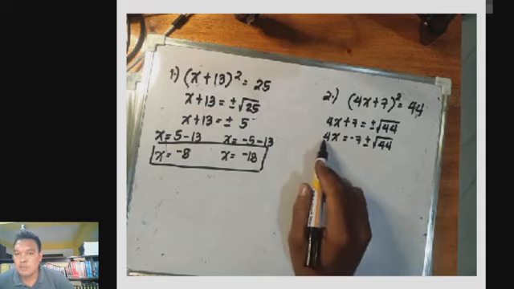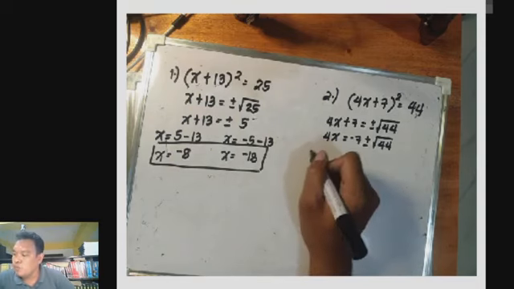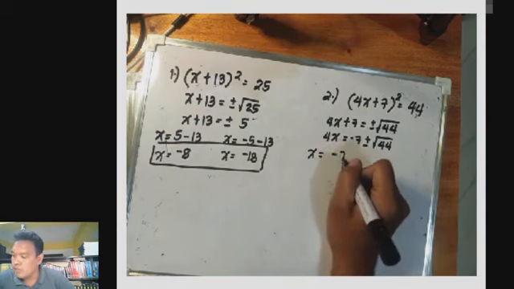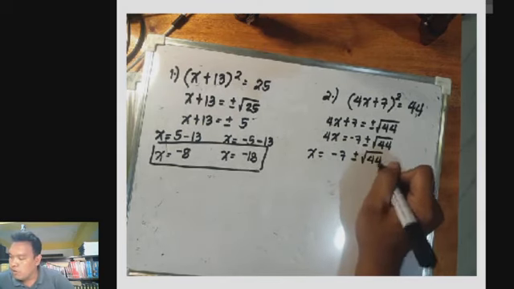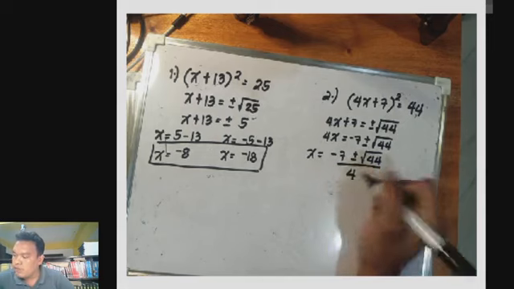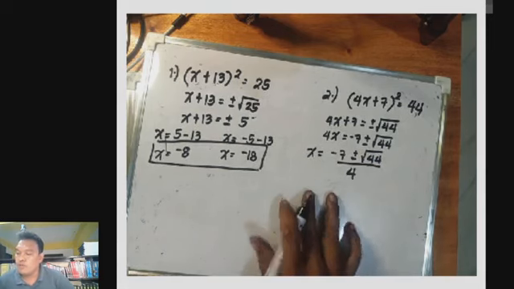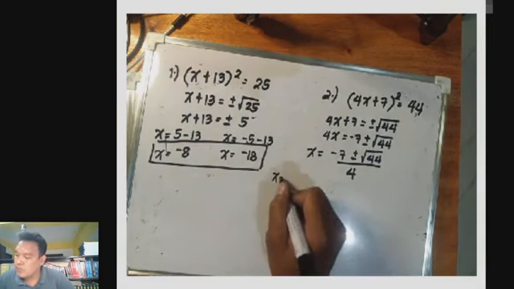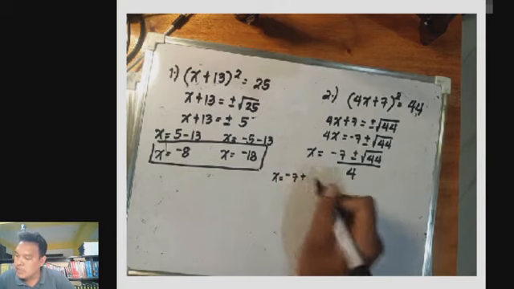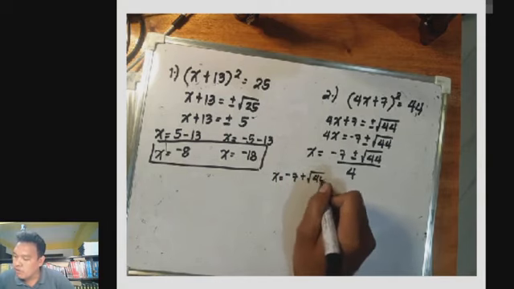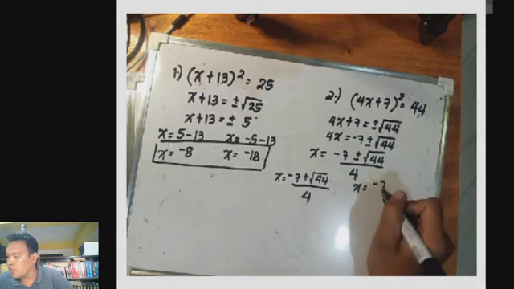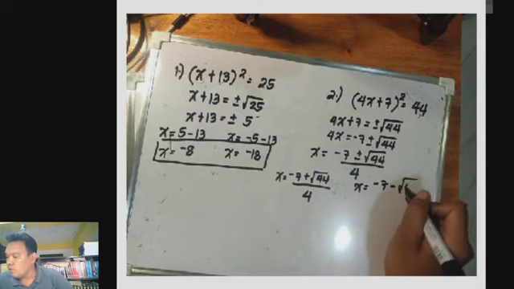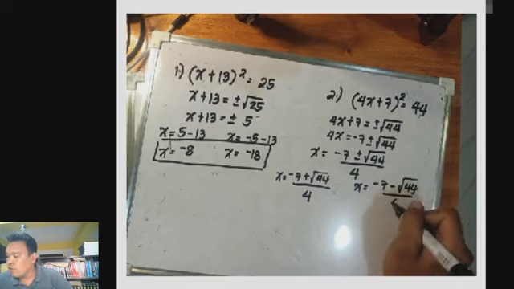Then remove the 4 on the other side. We can say that x is equivalent to negative 7 plus or minus the square root of 44 all over 4. Therefore, the roots will be x equals negative 7 plus the square root of 44 all over 4. Then x equals negative 7 minus the square root of 44 all over 4.